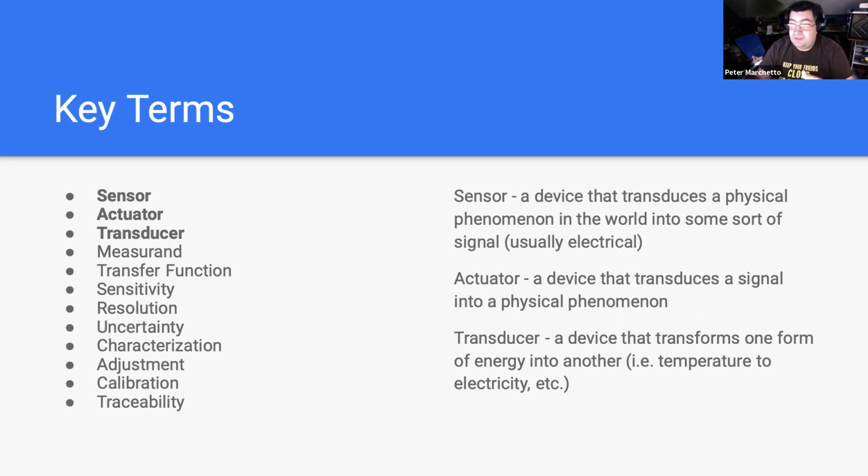Usually we don't use these, but if you wanted to influence something, like, for example, have sound coming out of a speaker, a speaker is an actuator. It takes an electrical signal in and then turns that into a physical quantity in the real world. And then a transducer is simply a device that transforms one form of energy into another, like, for example, temperature to electricity, or back again.